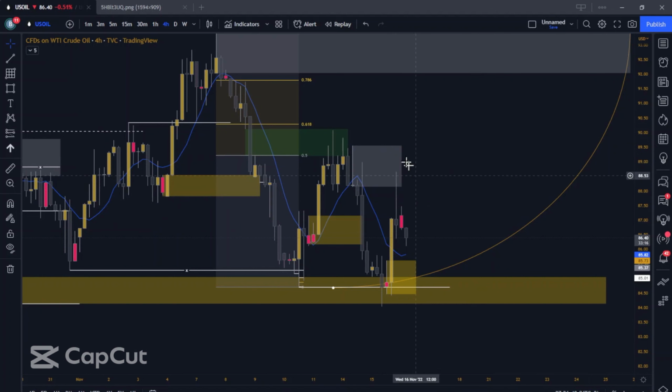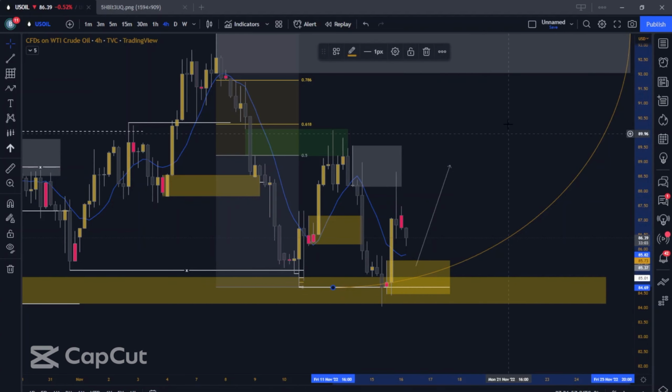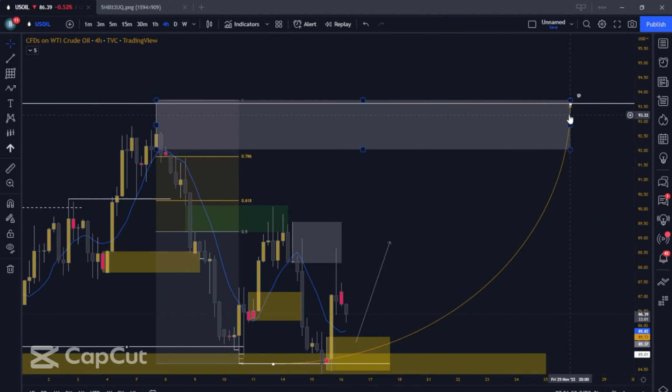This could just be that reaction. So I would look for long positions from this demand that's just been formed on the 4 hour. Overall, we're looking for highs to break.